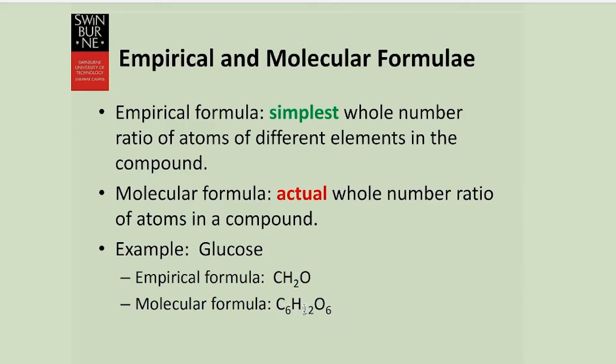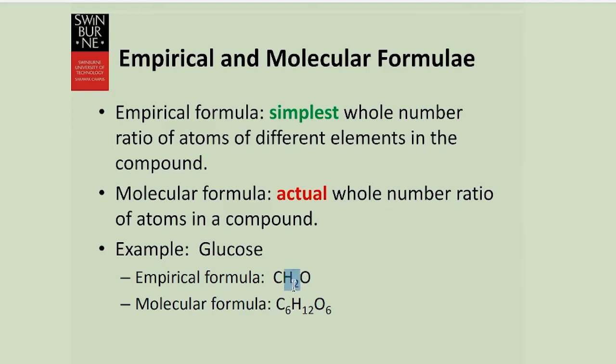But if we divide by 6 and express it in the simplest way, we will see that carbon and oxygen are in a 1 to 1 ratio, but hydrogen is double, twice the oxygen or twice the carbon. So this is the empirical formula, the simplest whole number ratio.